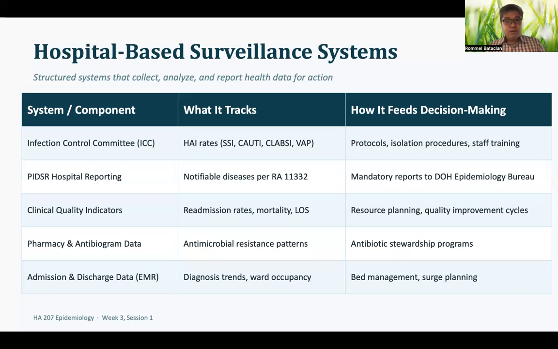But even in periods when there is an increase in infection rates, because infections are very common and there's usually a spike of incidences of a particular infection that leads to hospital admissions, the infection control committee should be very active in managing any problems related to outbreaks of infection, whether community-acquired or hospital-acquired.